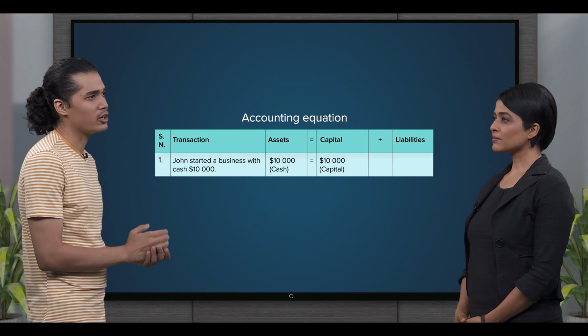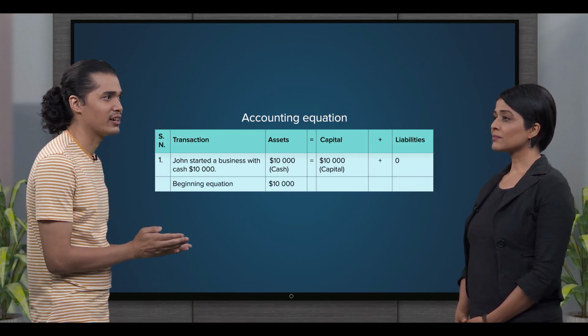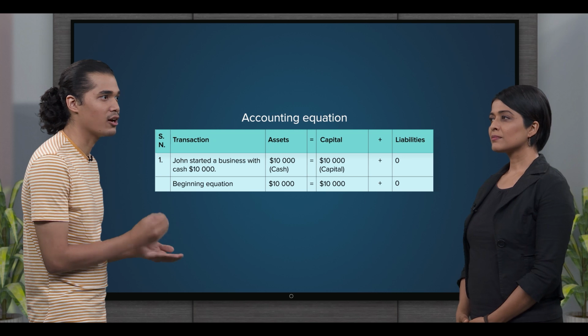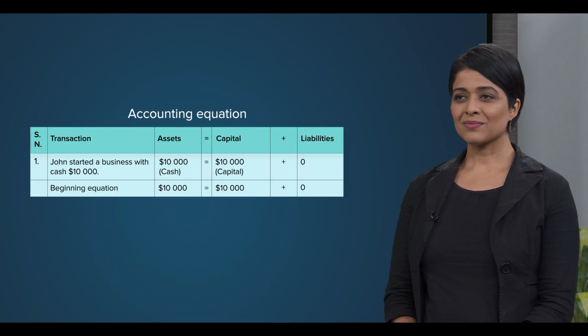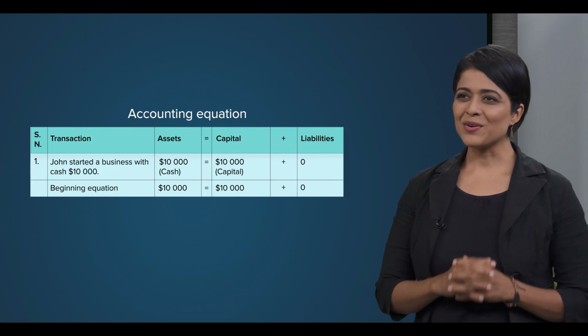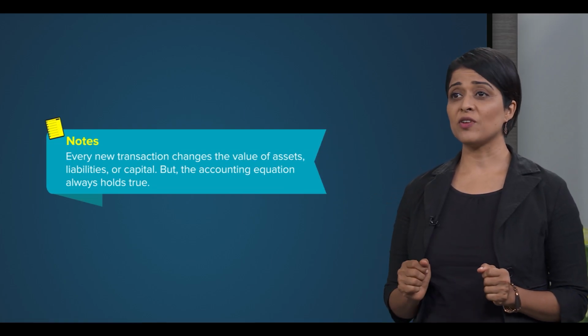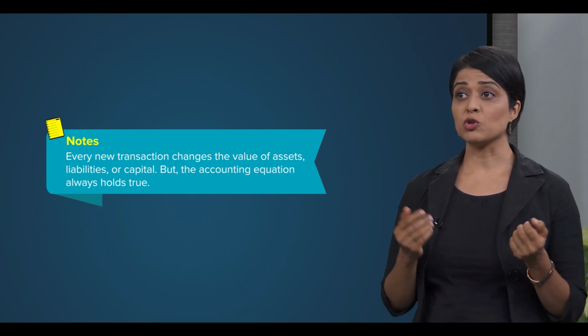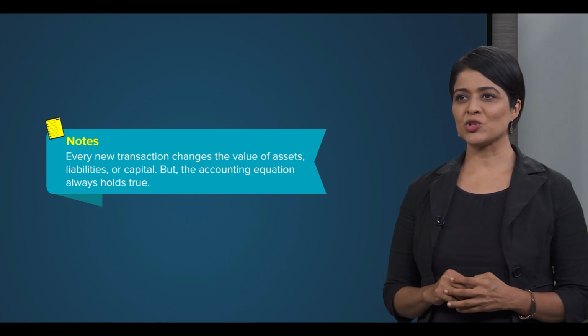Also, as we do not have liabilities, $10,000 on the asset side as cash equals $10,000 as capital on the capital and liabilities side. That's right. Very well done. Additionally, you must always remember that every new transaction changes the value of assets, liabilities, or capital. But the accounting equation always holds true.